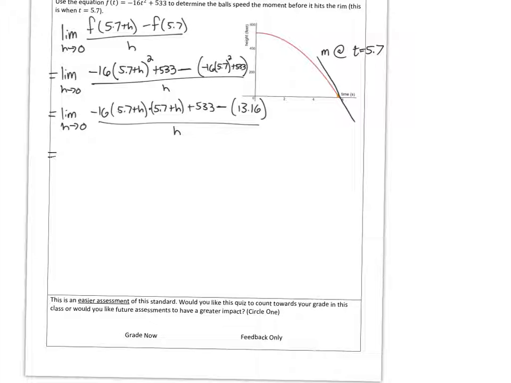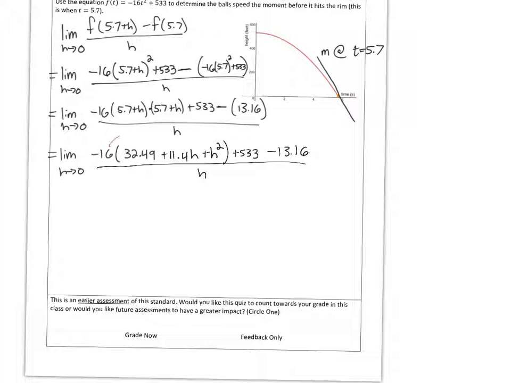This is the limit as h approaches 0 of negative 16 times 5.7 times 5.7 is 32.49. This h times 5.7 and this 5.7 times h ends up being 11.4h, and then h times h is obviously h squared. All of that in parentheses plus 533 minus that 13.16, all of that over h.